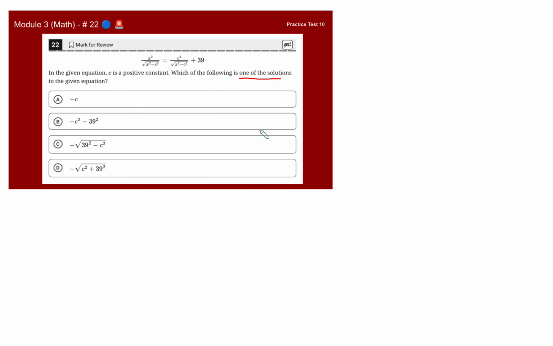But before we do that, let's think about what solutions to equations are.